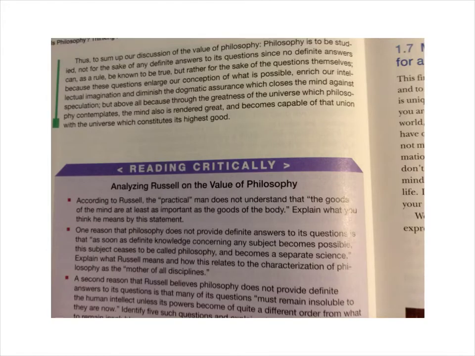Reading critically boxes appear after these passages and are opportunities for students to gauge their understanding of what they just read. These generally start with some kind of summary or explanation question about a particular quote, phrase, or series of sentences. And then there are other questions that are critical evaluation, so a little bit deeper understanding.